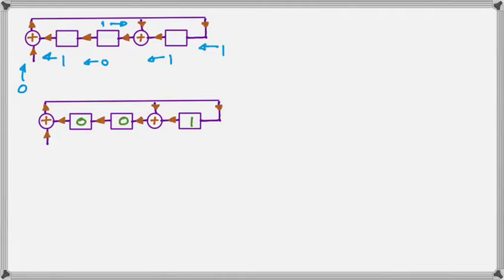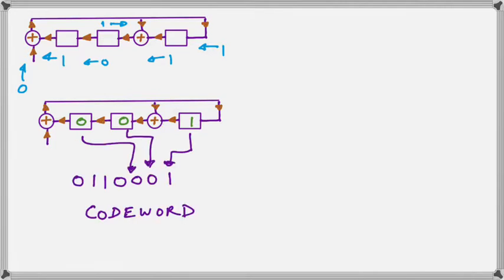Well, we fed in 0110 as the message, and we now add the 001 as the parity to the original message, which produces our output code word. So we have 4 bits coming in and 7 bits coming out, which makes this a 7-4 code.